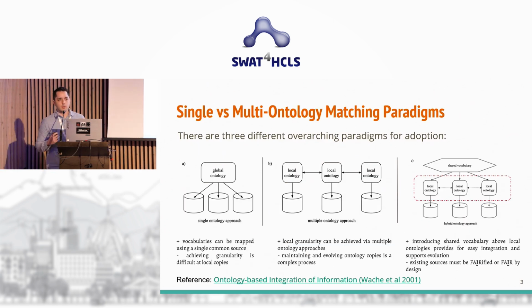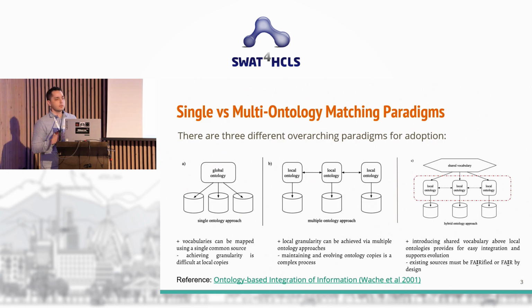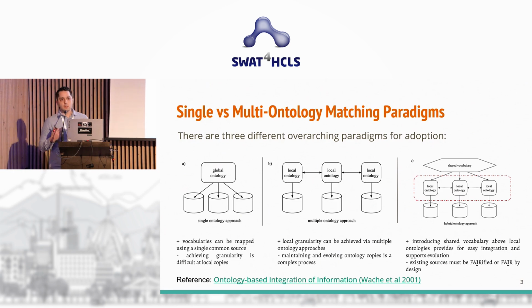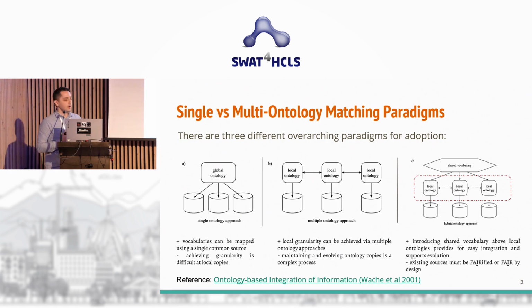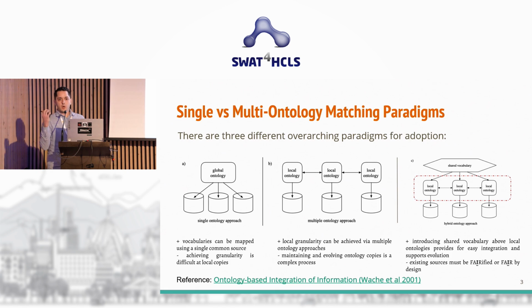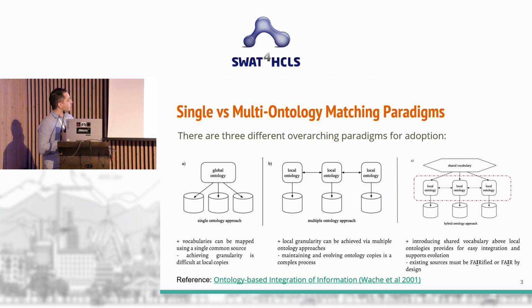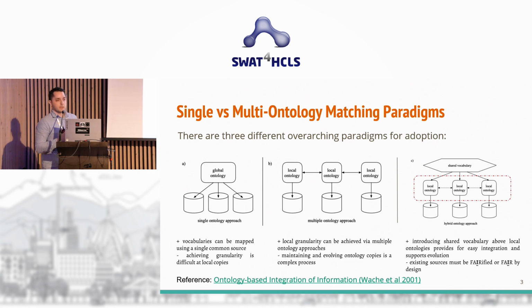Again, just to look at the broad picture, there are three overarching paradigms. One is where you have multiple sources and try to have a common ontology to map all of them, but here you're going to lose the local granularity of your representations.